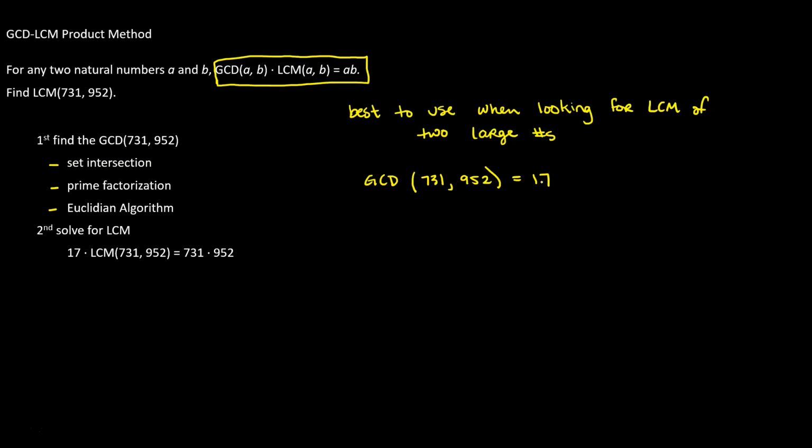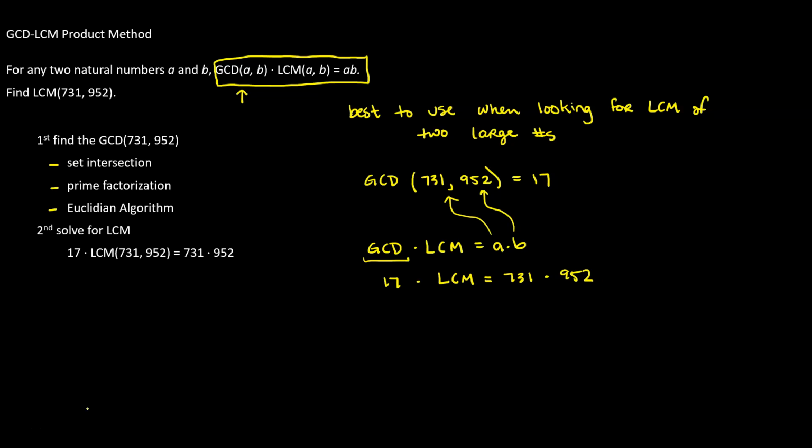Next, we're going to take that 17 and plug it into the GCD portion of the equation. So if we have GCD times LCM is equal to A times B, we can replace the GCD with 17. We're going to leave the LCM there because that's the thing we're looking for. And then we can replace A and B with the numbers that we used: 731 times 952.